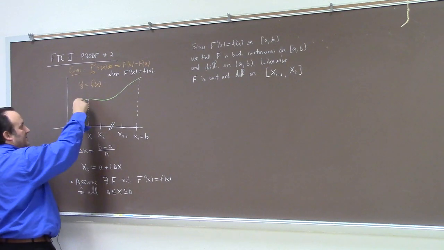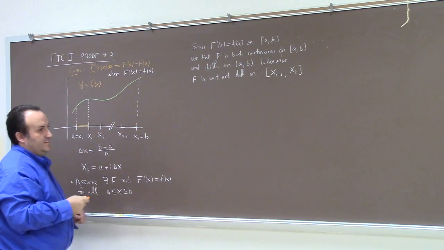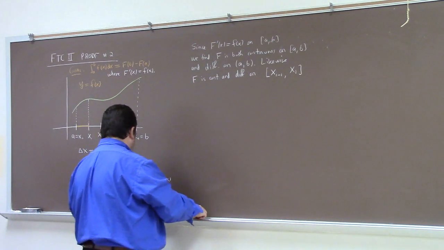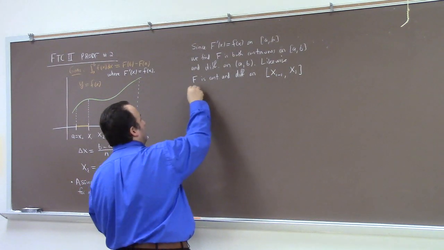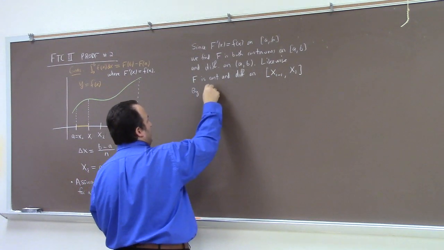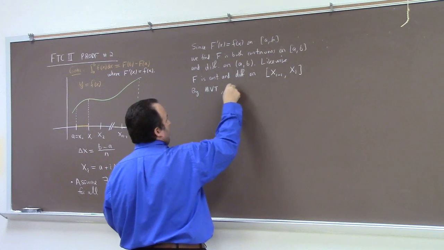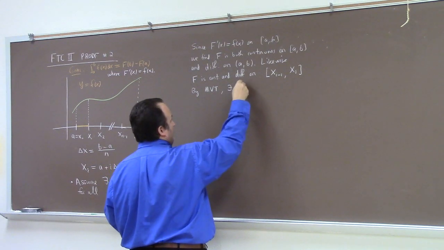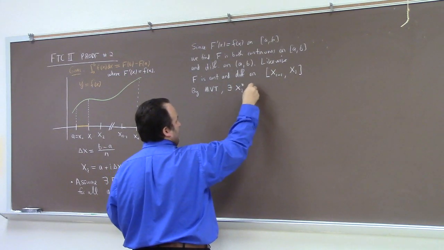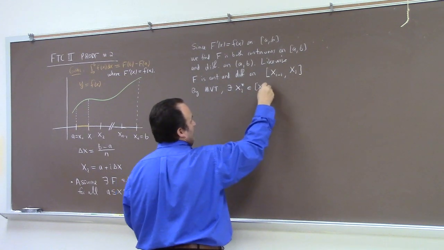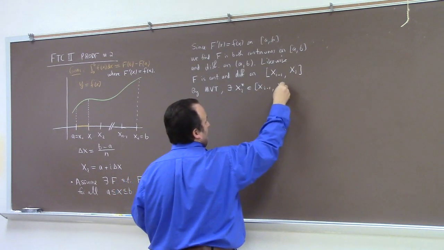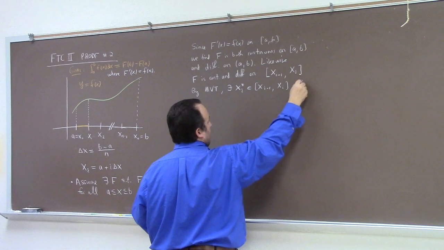It says that there's some point. The mean value theorem, there exists, let's say, x sub i star, which is an element of the ith subinterval, such that what?